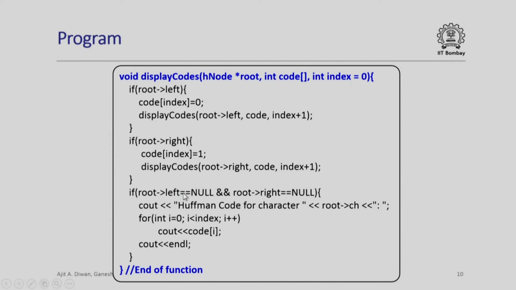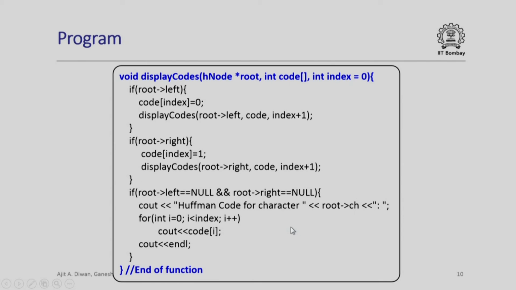If the left pointer is null and right pointer is null, then we have got the complete code for that particular character because we have reached the leaf node. So, we output the Huffman code for the character which appears there at root ch, and for i from 0 to that index that we traverse, we simply output code i one by one, and that will represent the code for this particular character.